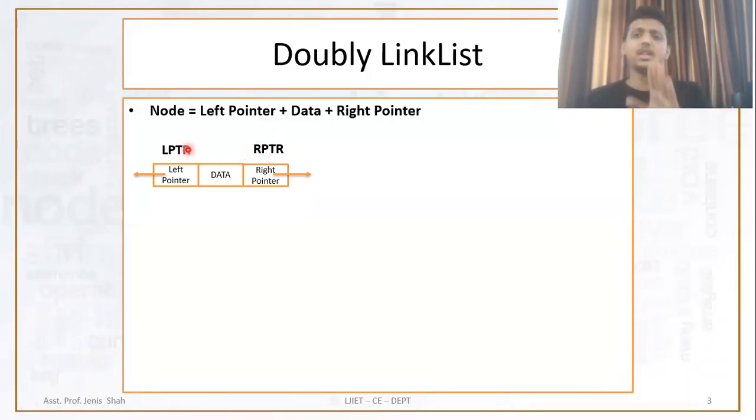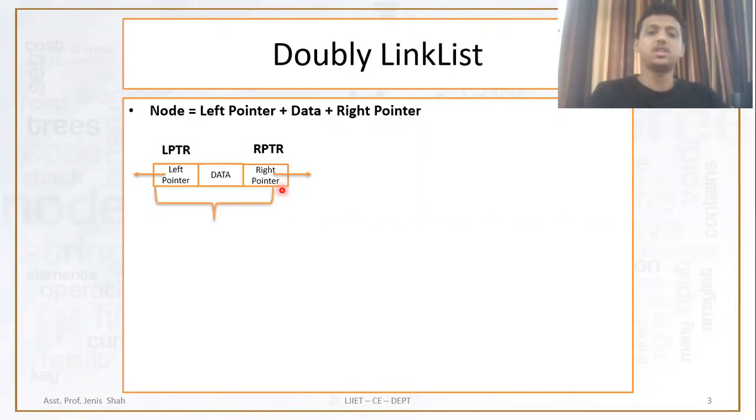So usually we know the terms info and link, right? Info shows the data and link shows the pointer. But in a doubly linked list, as we have two different pointers, I am going to use LPTR for the left pointer and RPTR for the right pointer.